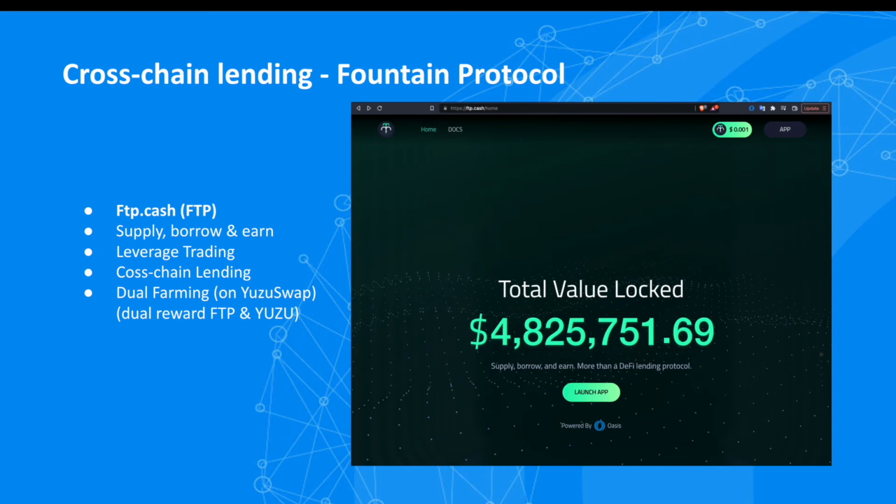Okay, so you actually get APY when you supply some of your assets. For example, you have a lot of ROSE, you can supply ROSE and you get some APY. So you get some interest or some reward for that. You can also borrow assets.